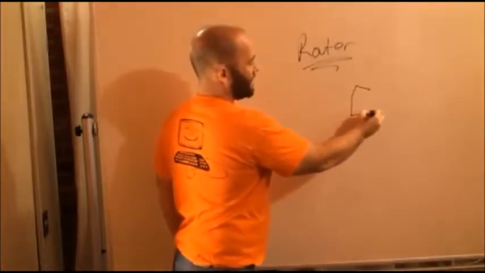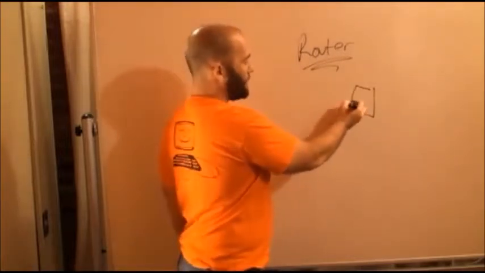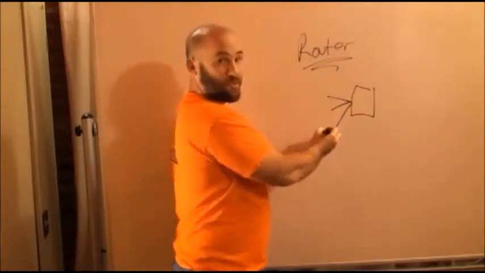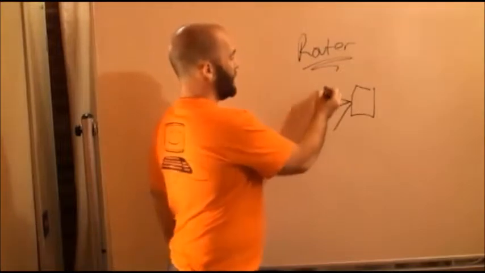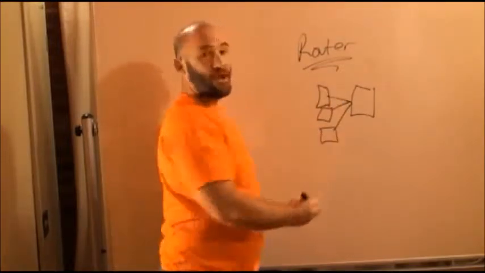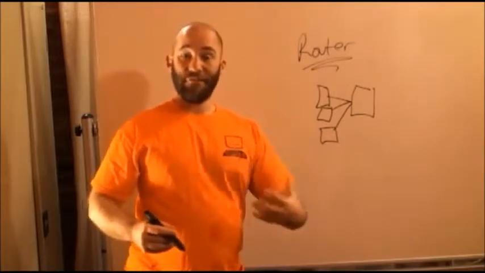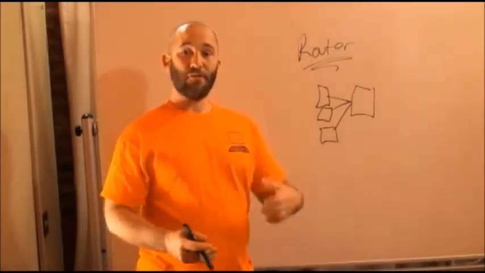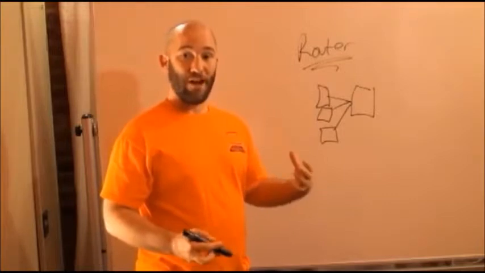In that scenario, your internet connection would be split out from the modem and go to different routers for the different tenants within the building. Every tenant would have their own router.